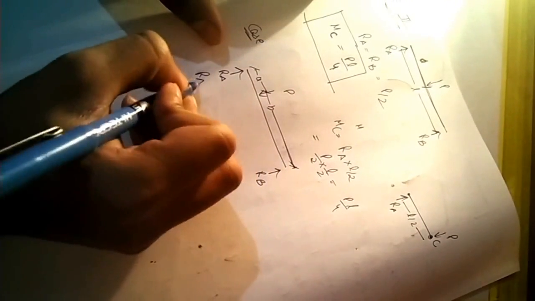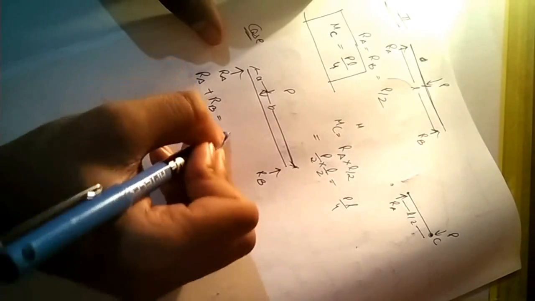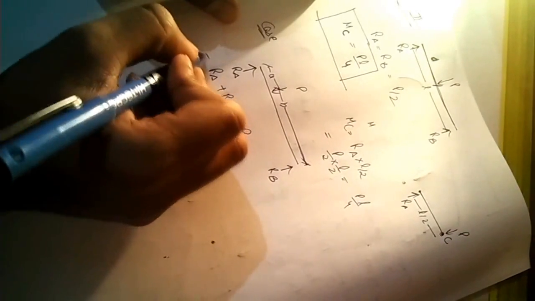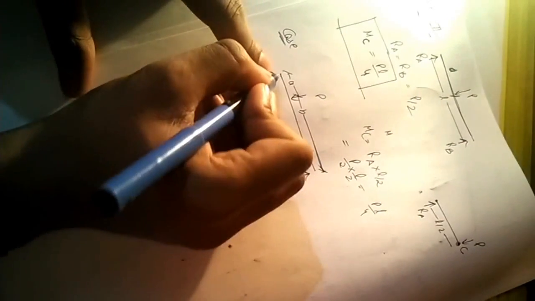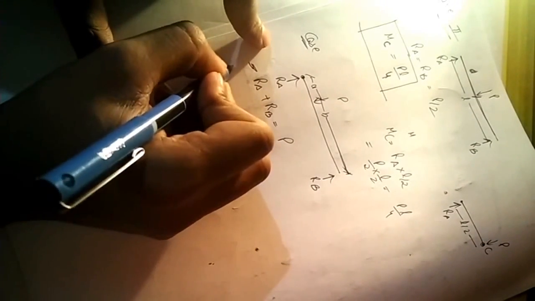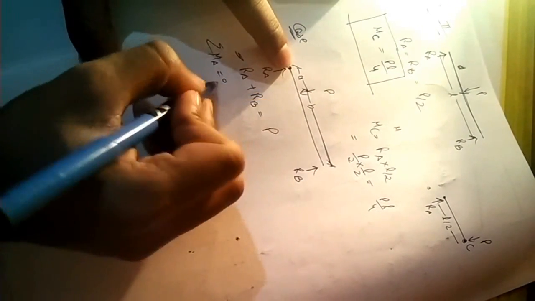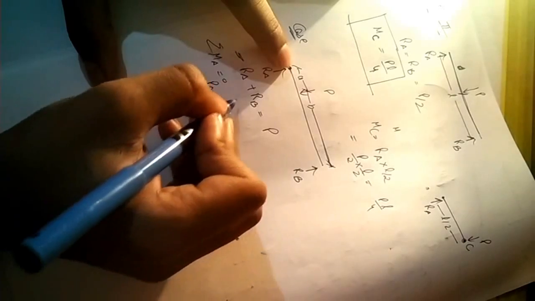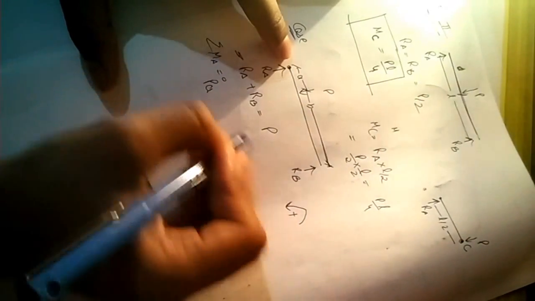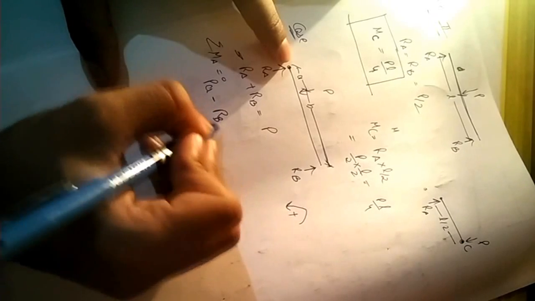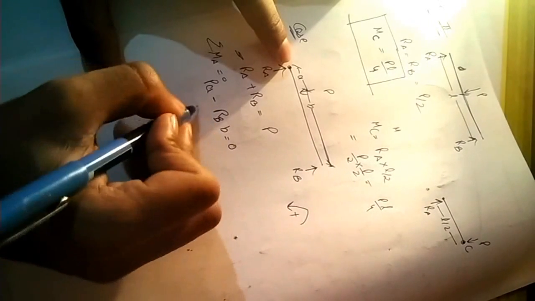RA plus RB equal to P, and taking moment at A equal to 0, the force P into A, taking this side positive, minus RB into B is equal to 0.